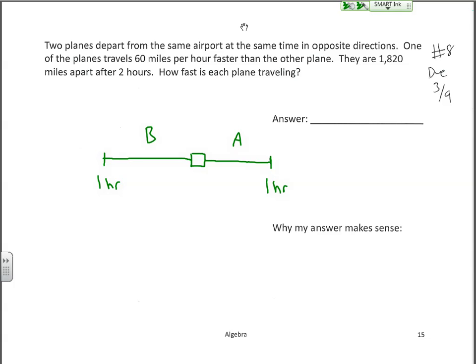And so what we want to do here is identify or assign labels. What are we going to use to represent how far plane A went and how far plane B went?